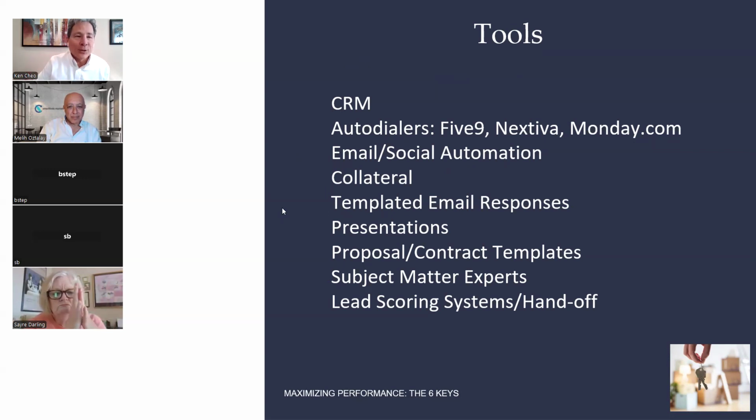There are all kinds of great tools, Canva and others, to make your collateral and presentations a lot more effective. Every CRM has templated emails and contracts, reducing the amount of time it takes your salespeople to send emails and put out contracts, and then again, do the lead scoring.